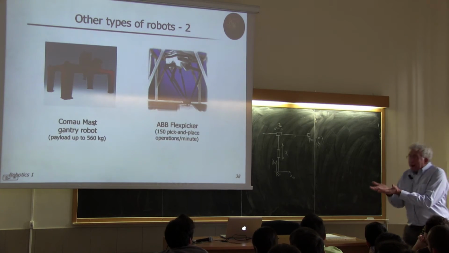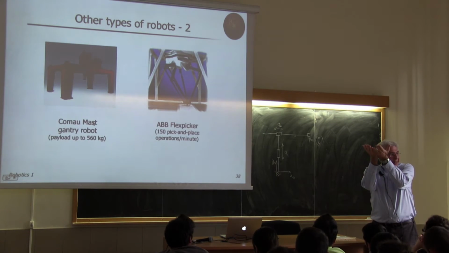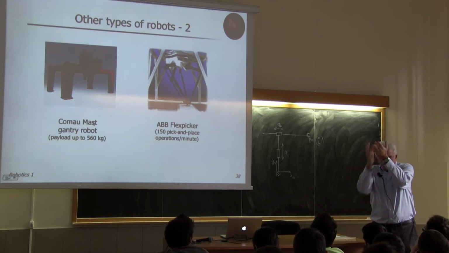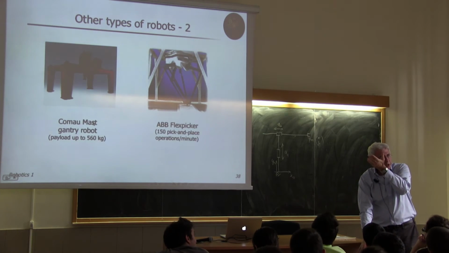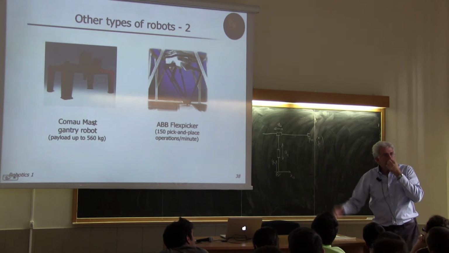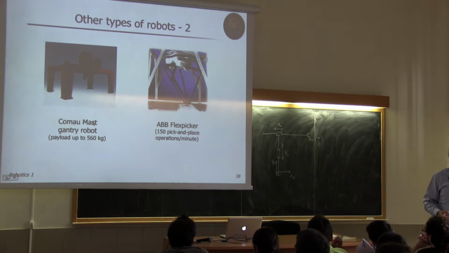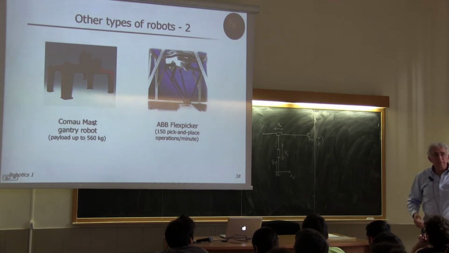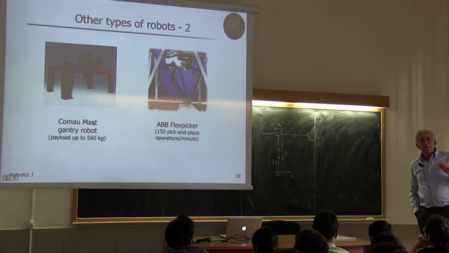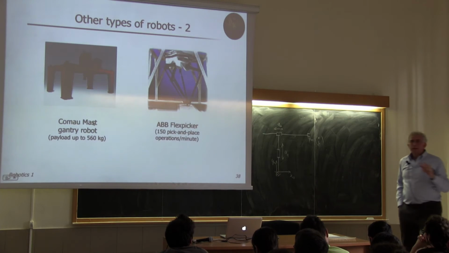By the way, it's mounted on the ceiling while it operates downward. Is this a serial or a parallel kinematic structure? Only revolute joints. Well, this is a fully parallel structure.